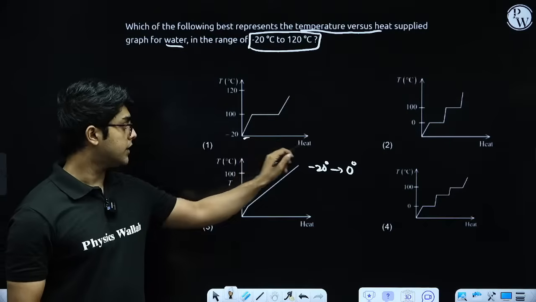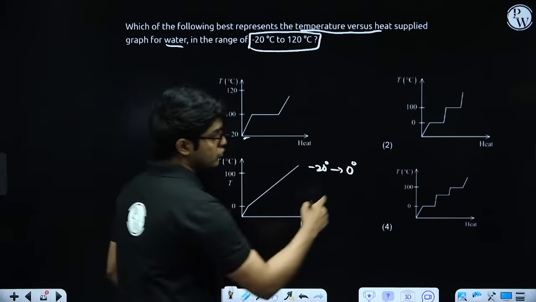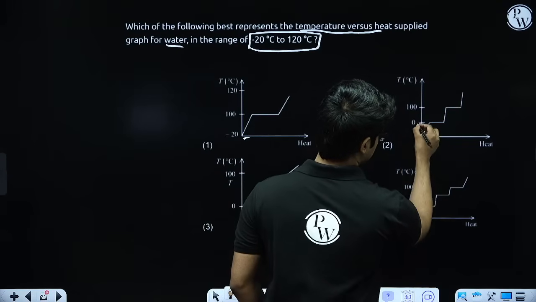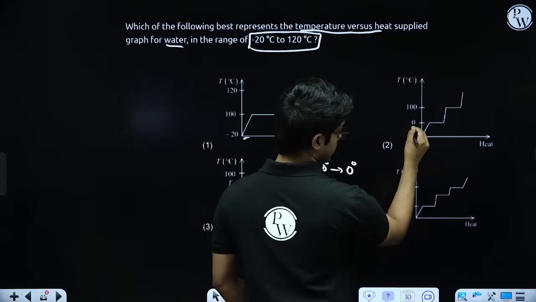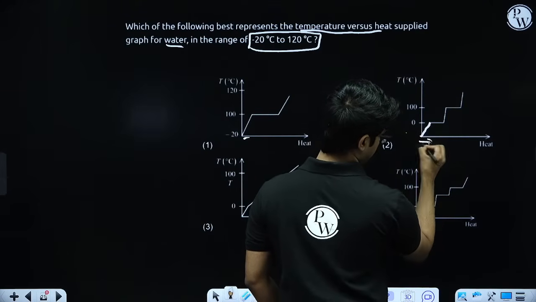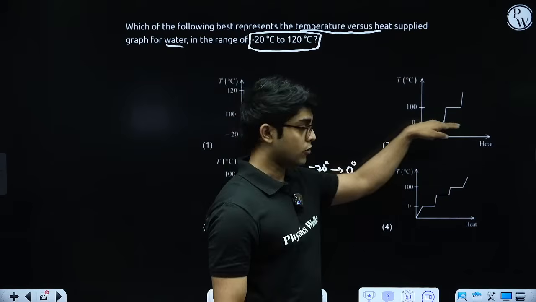The more heat we give, the higher the temperature will rise. Like in this particular graph, as you can see, until 0 degrees Celsius, the temperature steadily increases as we supply heat, okay. And if you observe at 0 degrees Celsius, there is a horizontal line, okay.